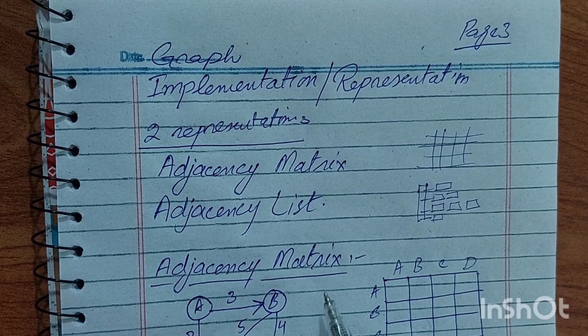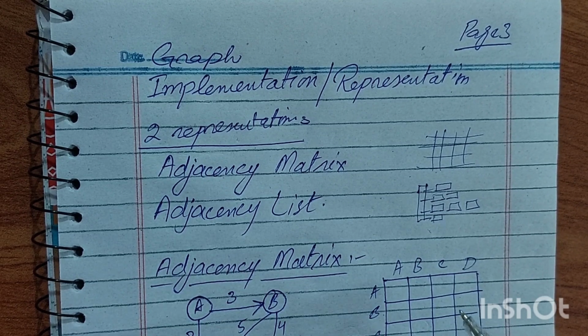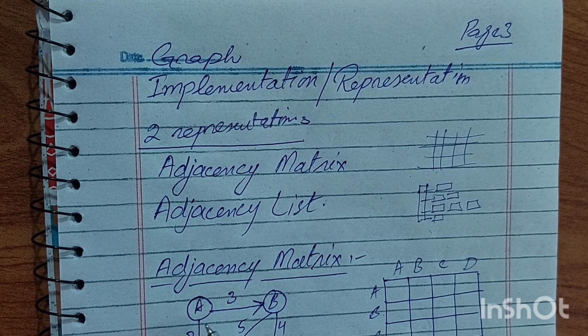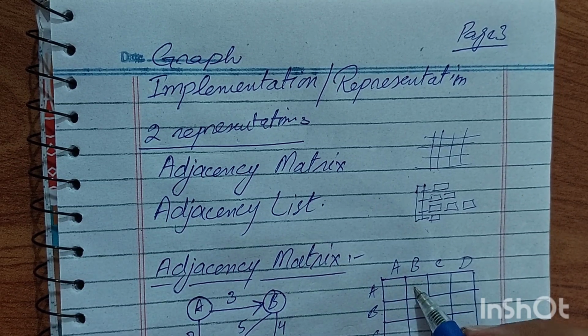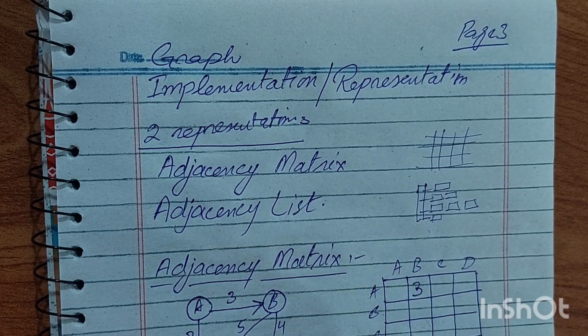In adjacency matrix representation, if there are four vertices, just like in this graph, we need a matrix or two-dimensional array of 4 by 4. And then how do we store this? Every edge is stored in it. Just like this edge moving from a to b, this is the cell for this edge, so we will store its weight, that is 3.